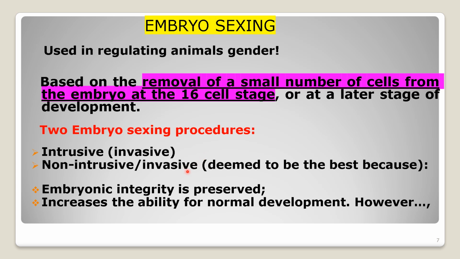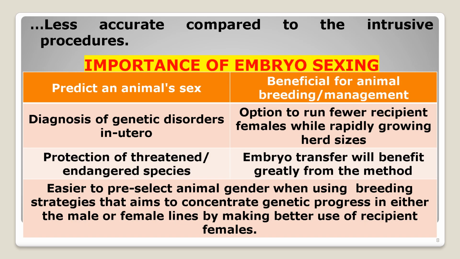The non-intrusive one is deemed to be the best, because the embryo integrity is preserved and there is an increase in the ability for normal development. However, it is less accurate when compared to the intrusive procedures.